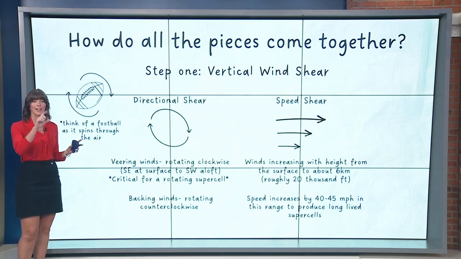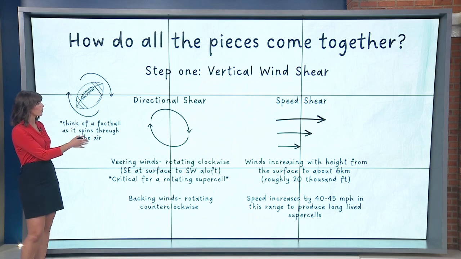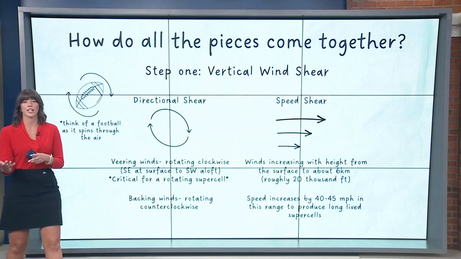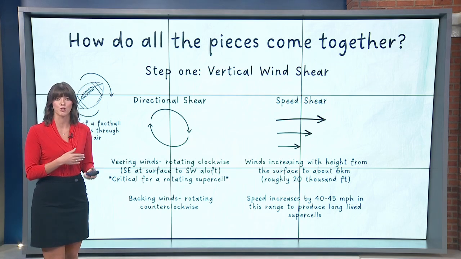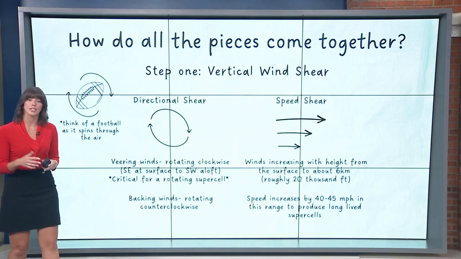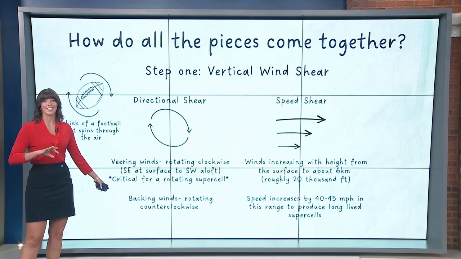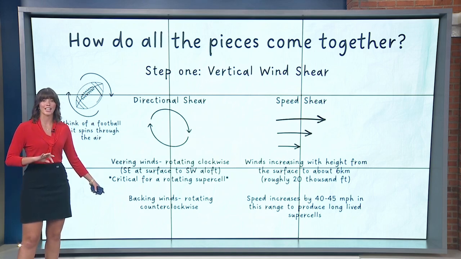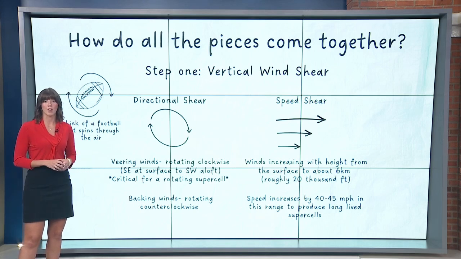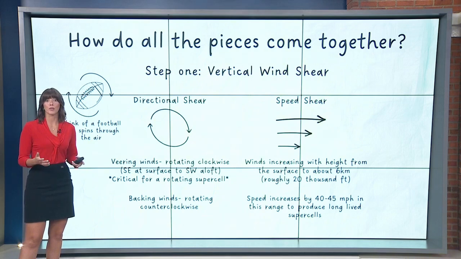When you throw a football and it spins, that's what we're looking at when we want directional or veering winds for that directional shear, as you know, it's approaching a cold front moving in. Backing winds is going to negate that whole thing. So if you have any backing in your winds, it really just wipes out the ability for a rotating supercell.